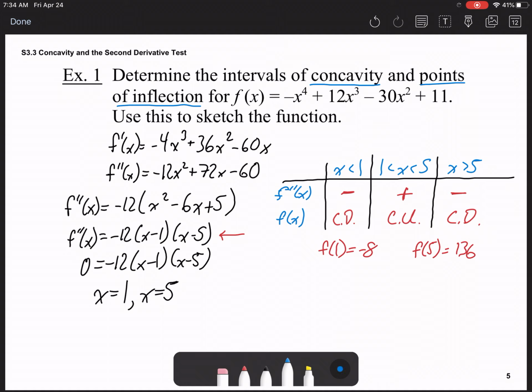So let me write a therefore statement right here, and then we can draw a sketch of what this looks like.